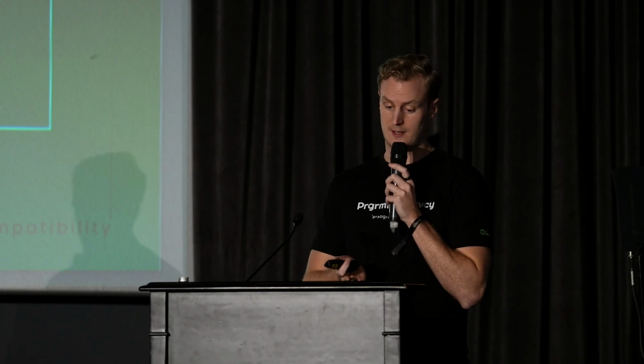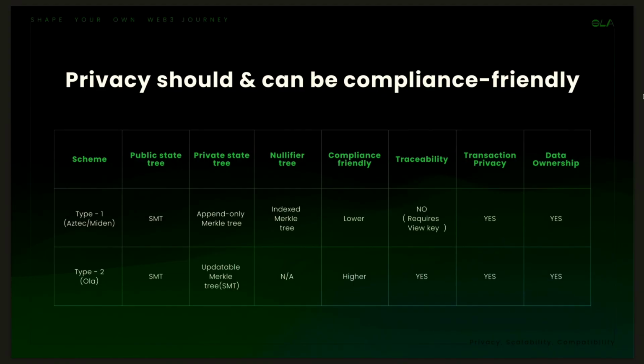So as you can see here by the slide, with the example of Miden and us, we both have a sparse tiered Merkle tree as the public tree. But then the difference is on the private side of things.